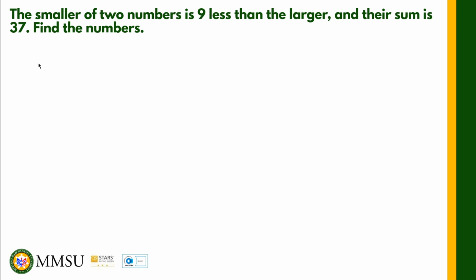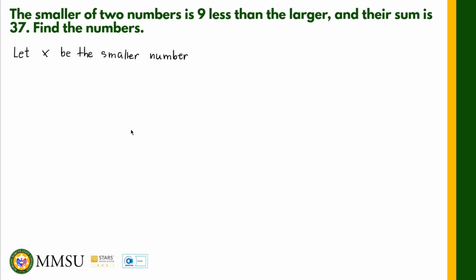So let us represent the smaller number with x. Okay, so let x be the smaller number. Now let us read the statement to come up with an expression representing the larger number.